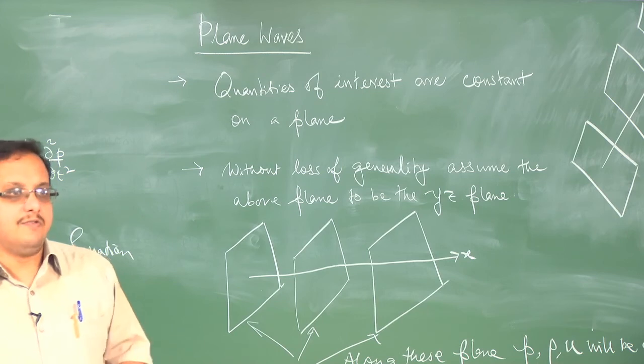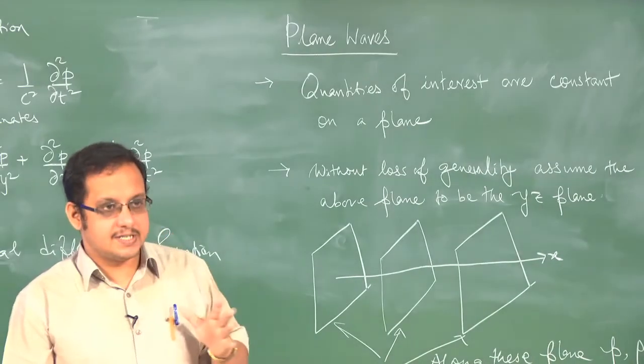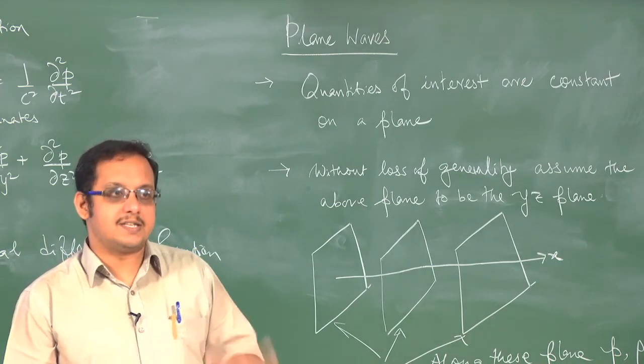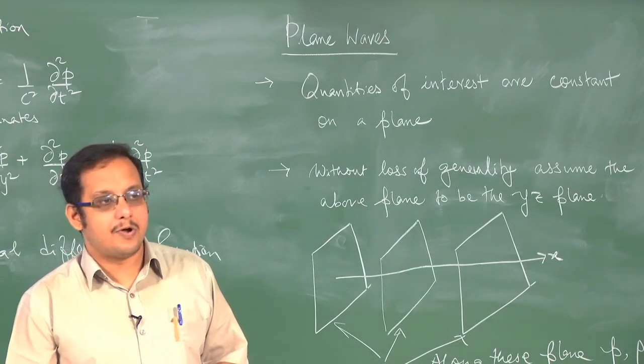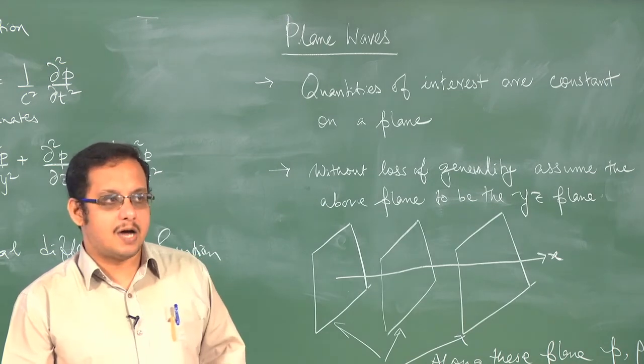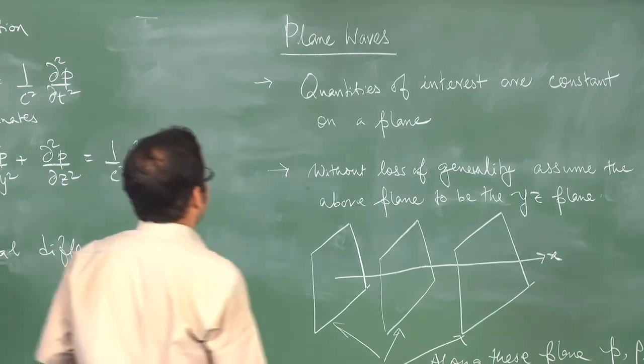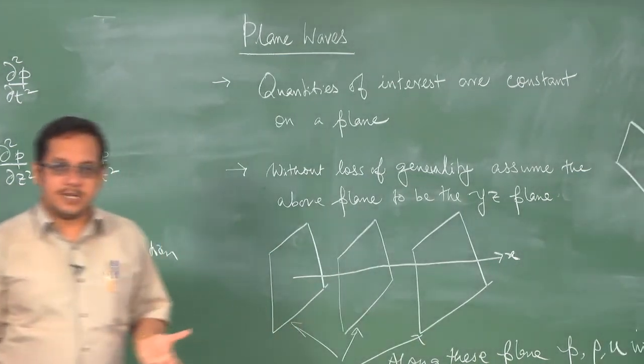Please do not think that plane waves are only for academic interest and they do not happen. In fact, as we will show, it is always that you can have a plane wave approximation to any complicated sound transmission problem, right. Eventually things will become a plane wave. It does happen in 3 dimension only.